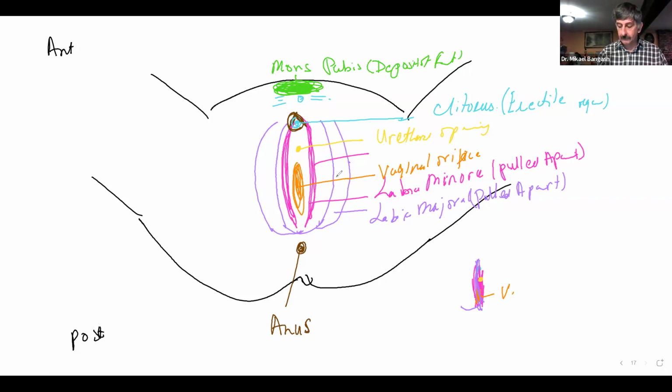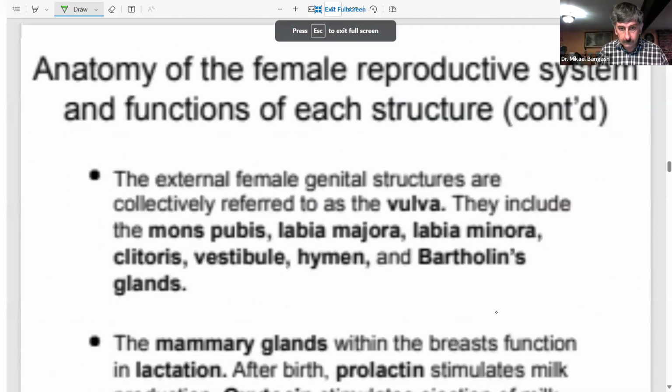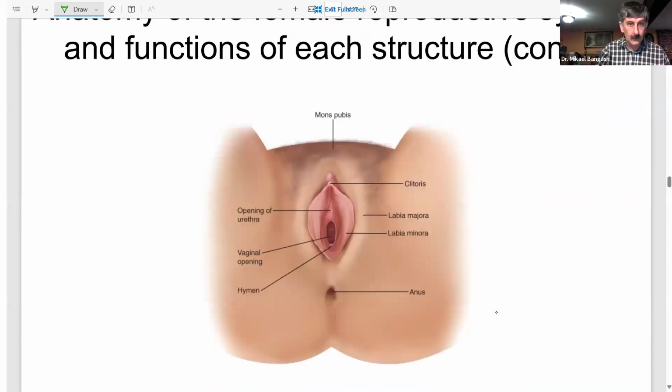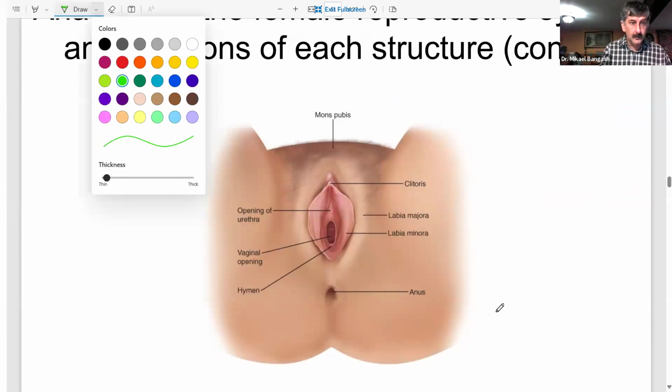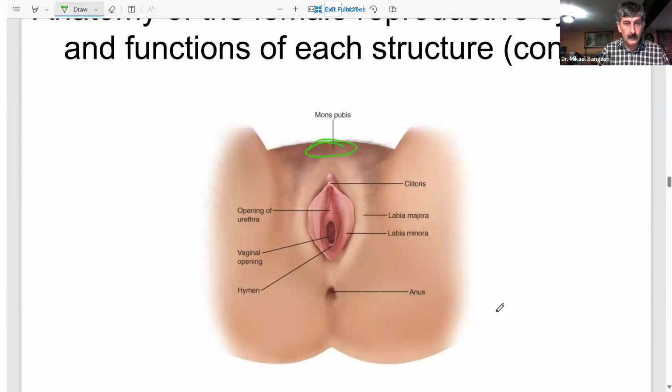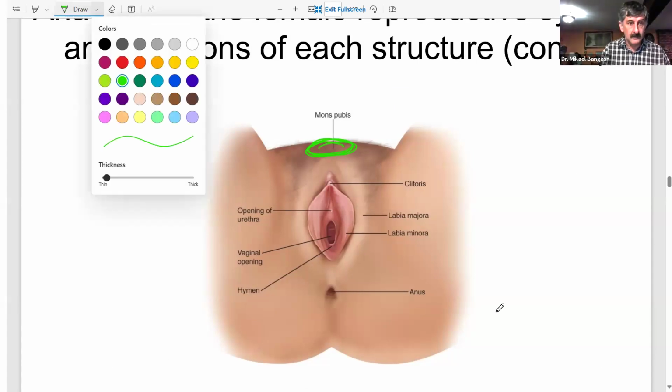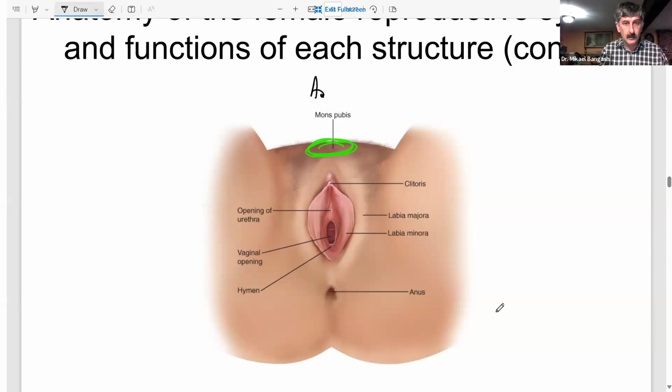Any questions about that? Now you can see a similar picture. Let's just look at it together. This fellow here. So as I said, mons pubis, now just so you know the orientation here. This is anterior, posterior.